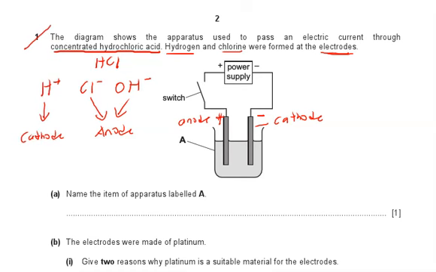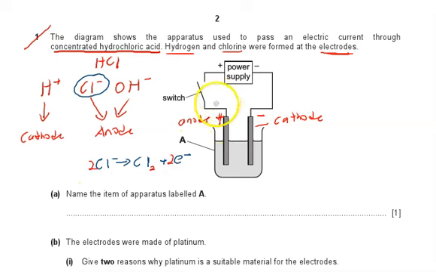Okay, since it is concentrated, it will be choosing chlorine. So we will have a chlorine ion there. They'll move to the anode to get discharged to form a chlorine atom, and due to their properties, they will appear as a diatomic molecule, group 17, so they'll appear as Cl2.